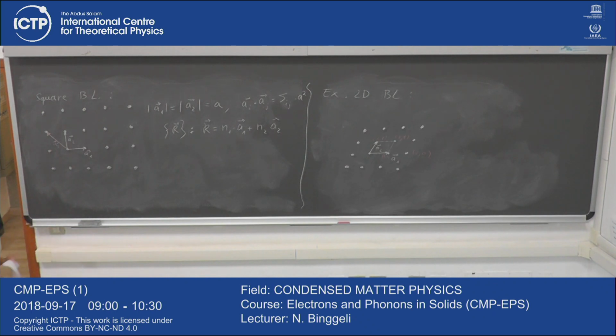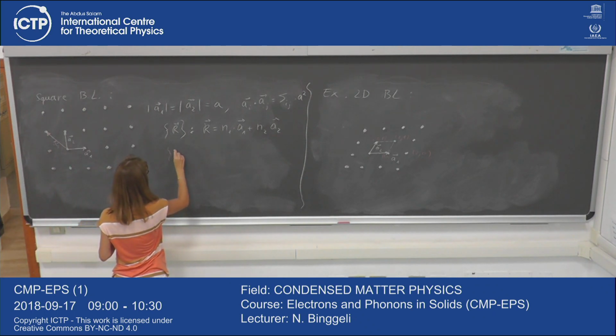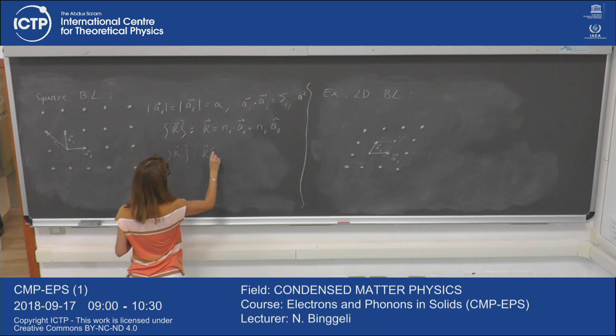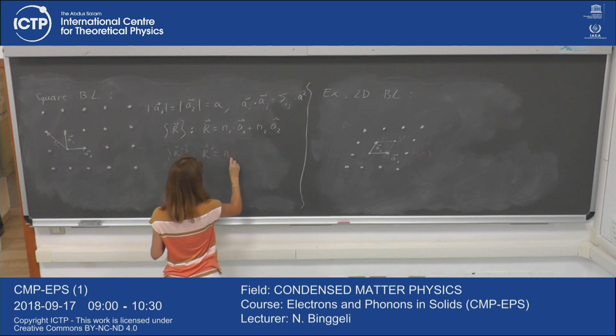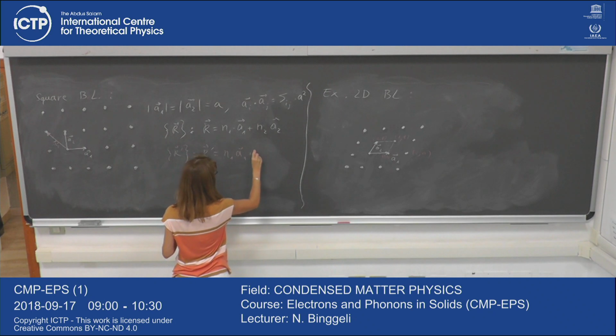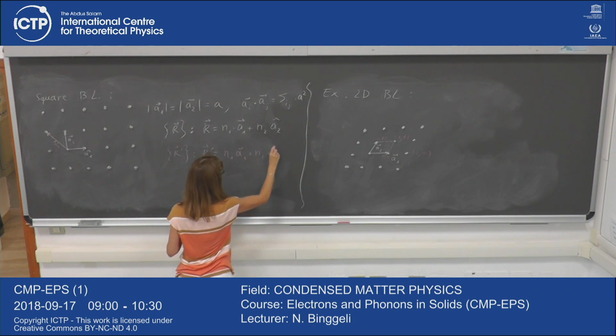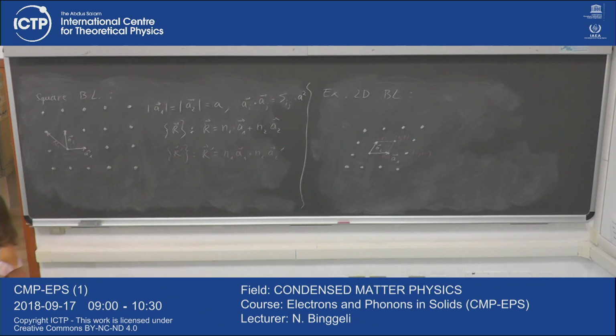So if I consider the points R prime given by R prime equal to n1 a1 plus n2 a2 prime, what do I obtain? So I obtain a Bravais lattice, but what can you say about this Bravais lattice? I consider as primitive vectors a1 and a2 prime.